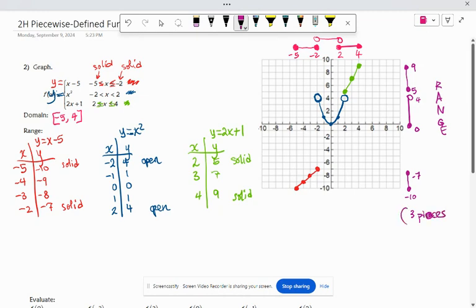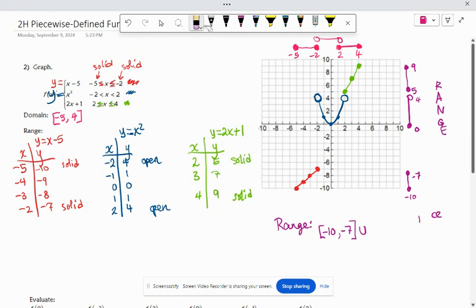So for the range, I need to write it from low to high. I'm going to write the range down here because I don't feel like I have room up there. So for the range, I'm going to go from -10 to -7, and both of those are square brackets.